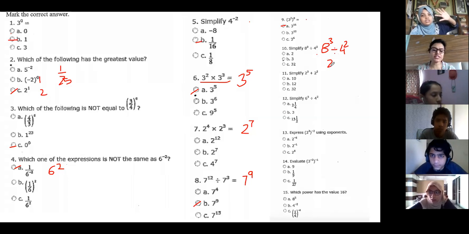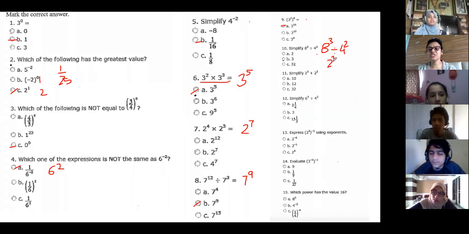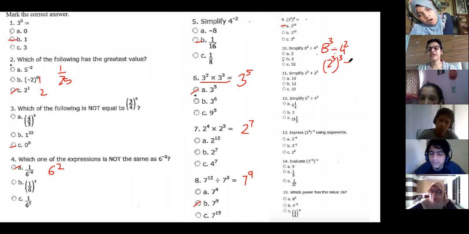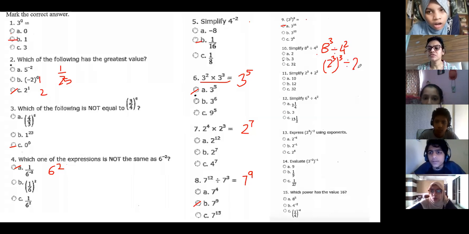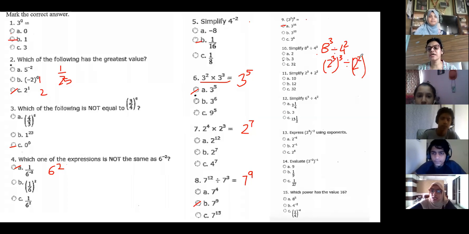What is 8 in the form of 2? 2 cube. So instead of 8, I'll write 2 cube, with the outside power cube. What is 4 in terms of 2? 2 square. So I'll write 2 square instead of 4, and the outside power like this.